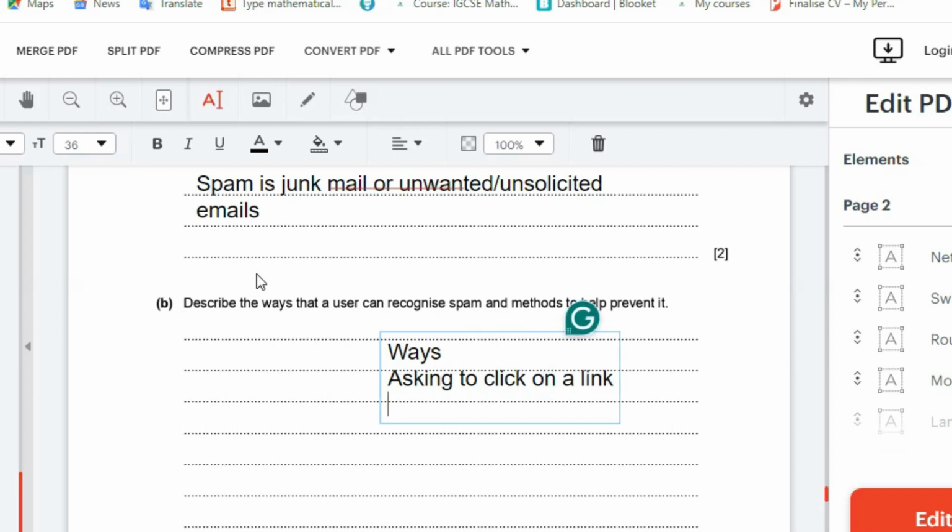2. Stored in a spam folder. You know we have a spam folder in our Gmail, right? Good. Stored in a spam folder. Number 3, does not ask for you by name.